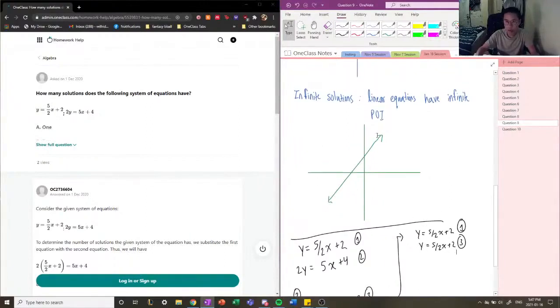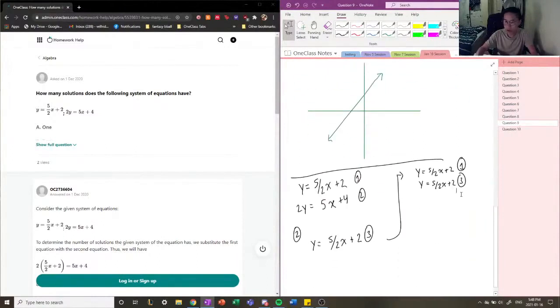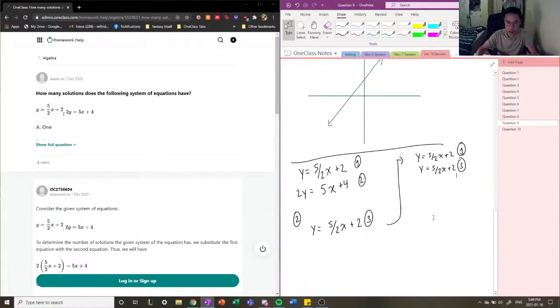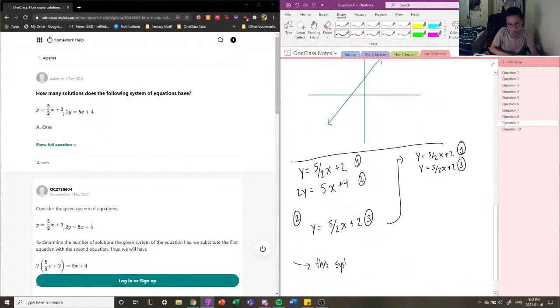So because of that, we're able to not even calculate what the substitution would be, and we are able to just simply say that this system has infinite solutions. Okay.